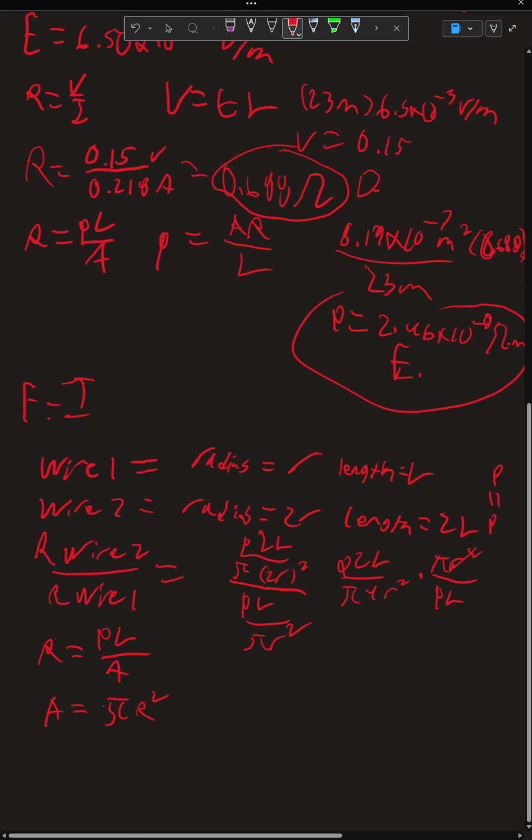So cross out the length, ρ, and pi. That just leaves 2 over 4. And so 2 over 4 is the resistance ratio, which is just equal to 1 over 2. So the resistance ratio for wire 2 to the resistance of wire 1 is half. So let's do this real quick.